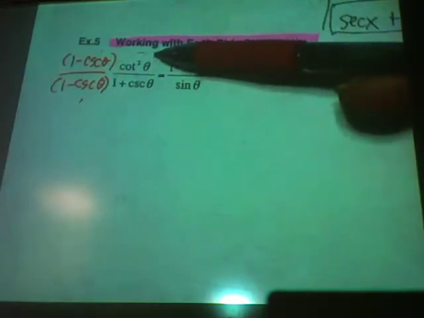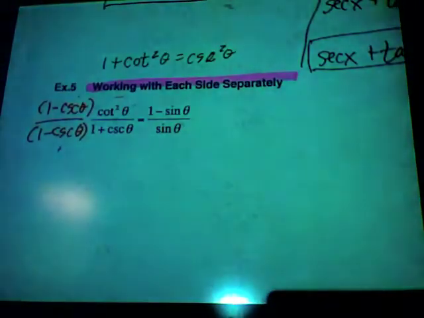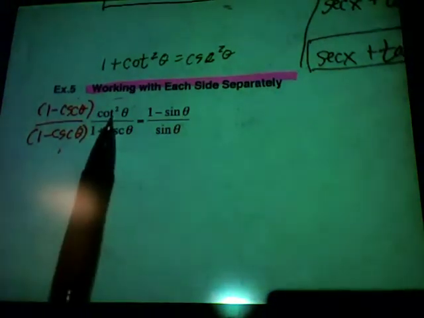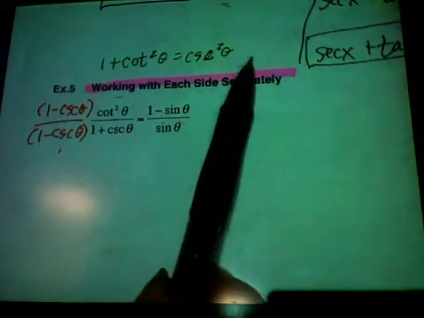What's the cosecant one again? Isn't that what you just told me? Okay, so what do I substitute that for? Minus 1.